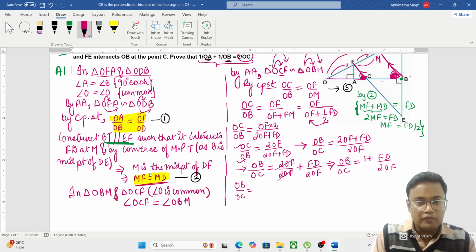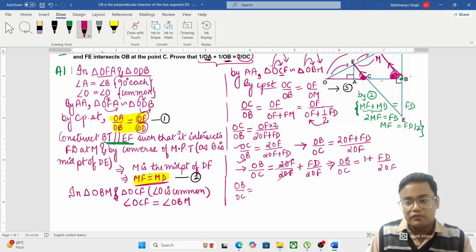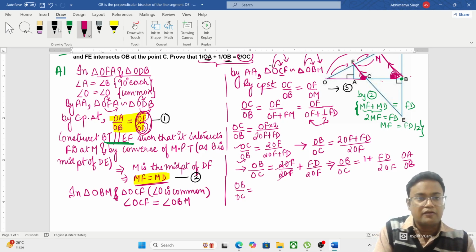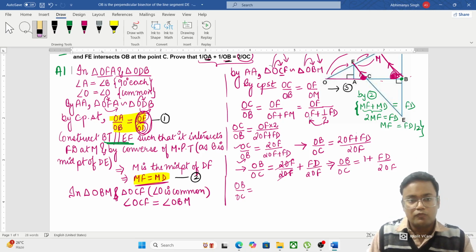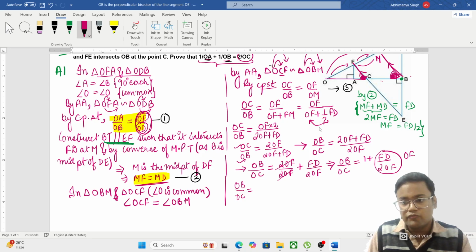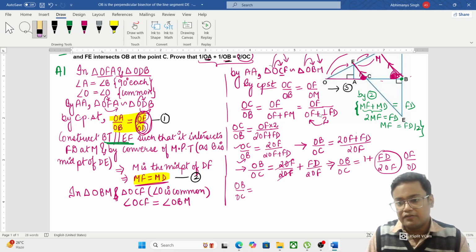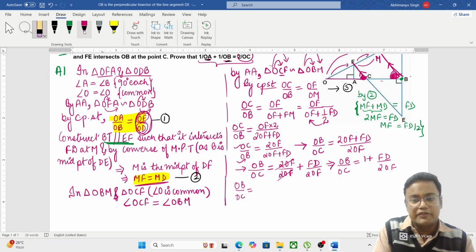But we want OF, we want OD. If I need to substitute, I need to bring OA upon OB somehow, so I have to have OF upon OD, some sort of that fraction, right? We have to bring it to the form OF upon OD somehow, but that way should be right, it should not be illegitimate.